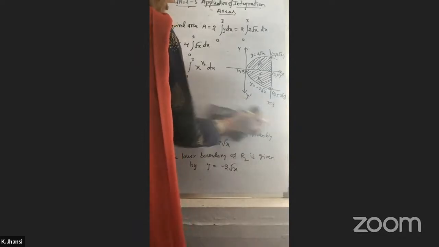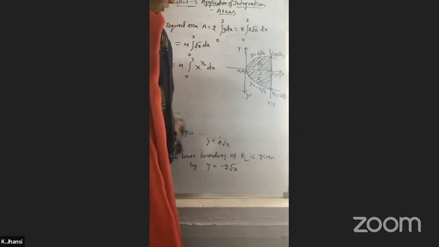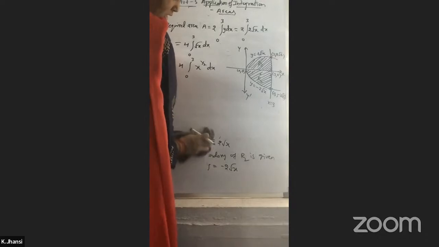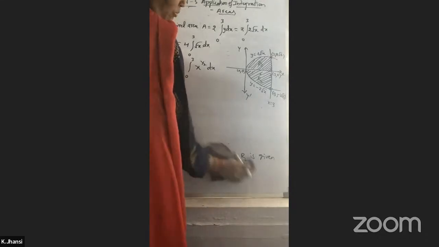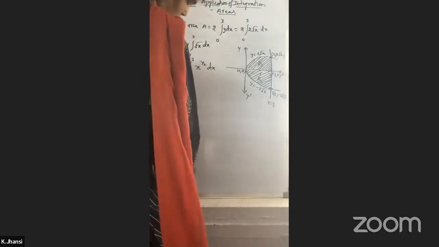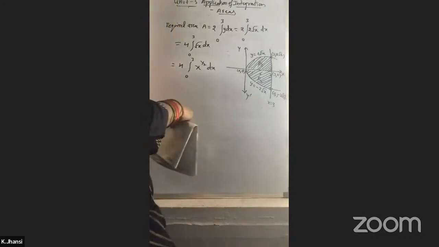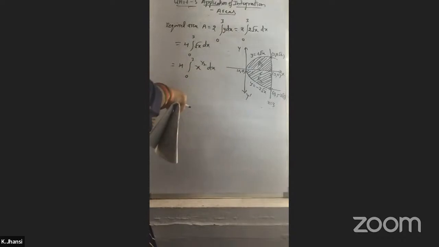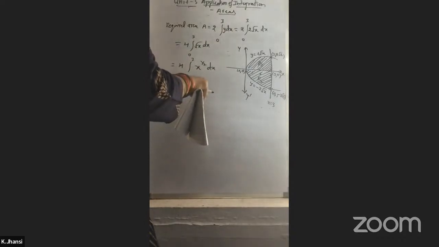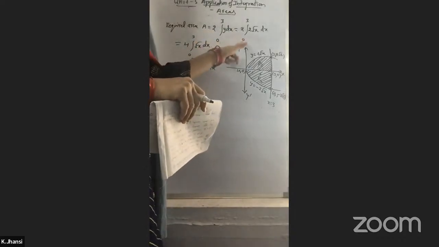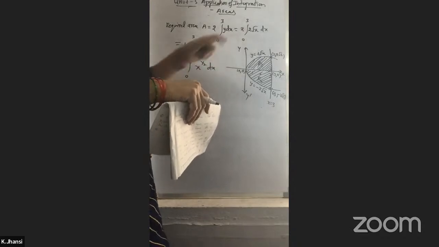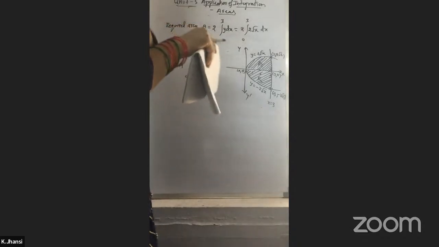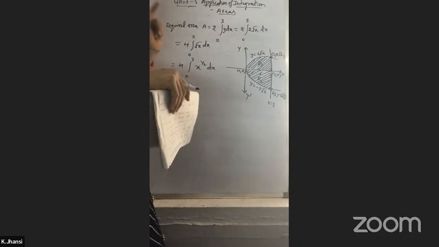So for finding the areas, first thing is you plot the graph. After plotting the graph, you find the point of intersection. After finding the point of intersection, you find the function y. After that, you check the limit values. After getting the limit values, you substitute in the given function, then you find the area.